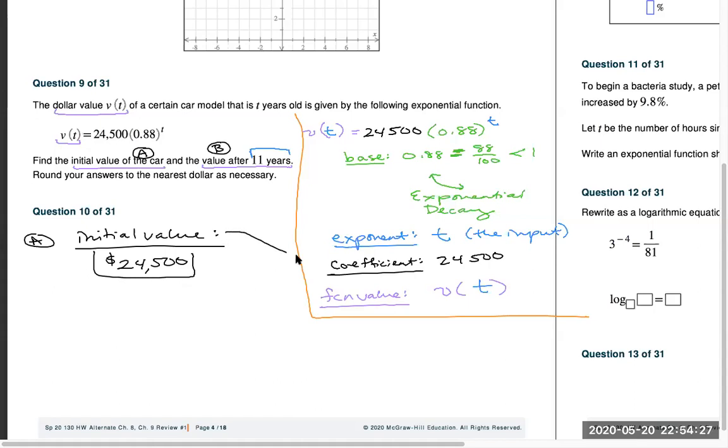Okay, so for initial value, look at the coefficient. Part B, you're looking for V of 11 years. It's the value of the car at 11 years.